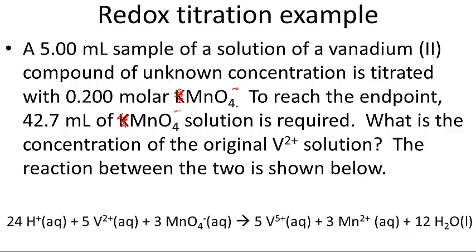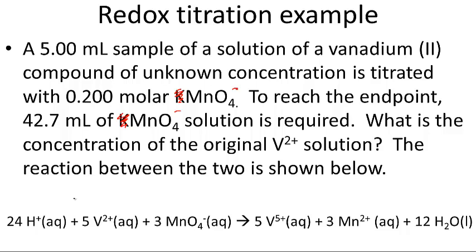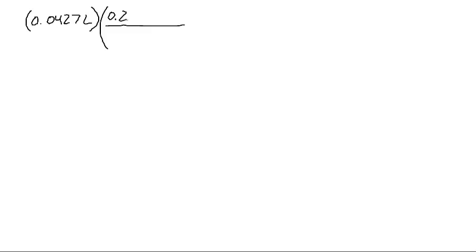So we have our balanced chemical equation. The first thing we're going to do is take our known quantities and get to moles. So using my known quantities, I have 0.2 moles of MnO4 minus per liter, and I used 42.7 milliliters of that solution. So 0.0427 liters times 0.2 moles of MnO4 minus per liter.